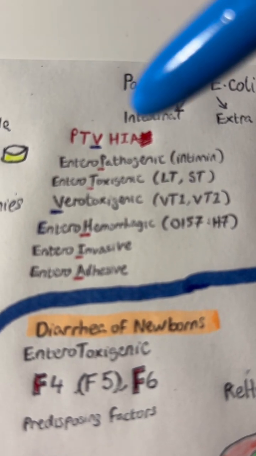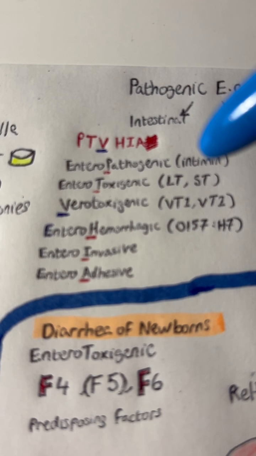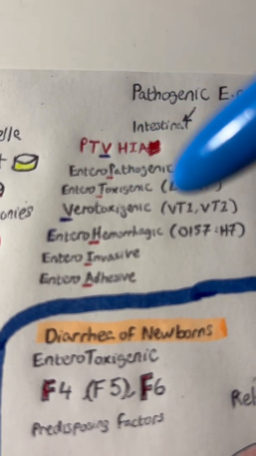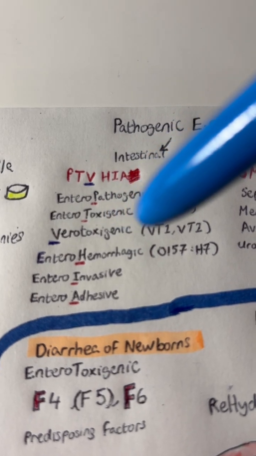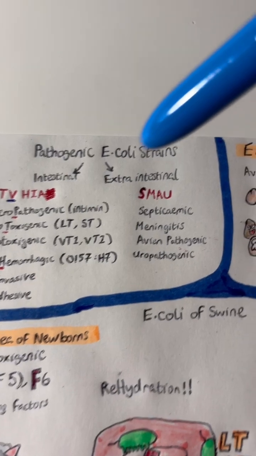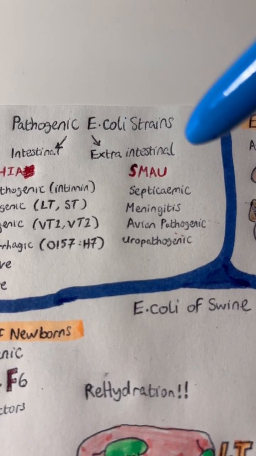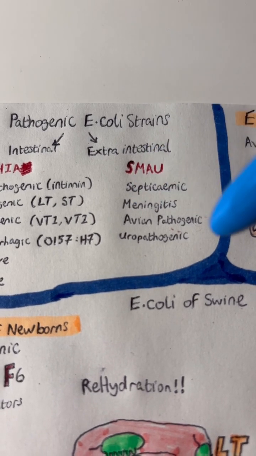The enteropathogenic strains have intamin, the enterotoxigenic strains have LT and ST, and the verotoxigenic strains have VT1 and VT2. And the enterohemorrhagic strain has the Shiga-toxin 0157H7. For the extraintestinal strains, think of SMAO, septicemic, meningitis, avian pathogenic, and uropathogenic.